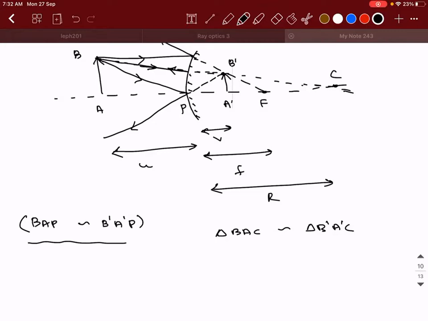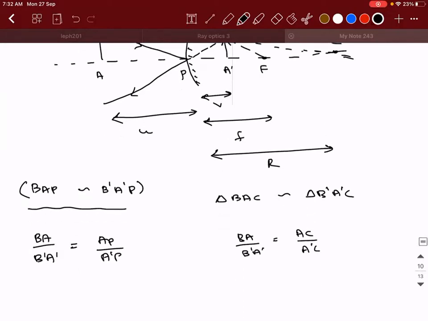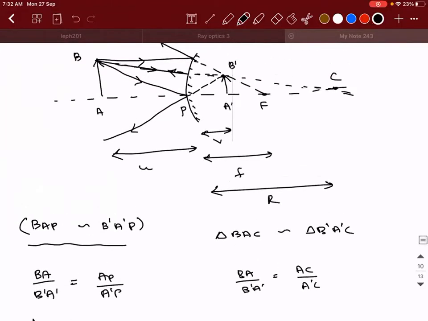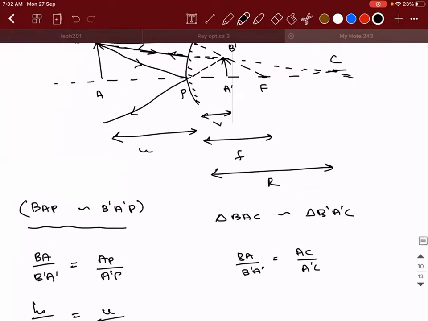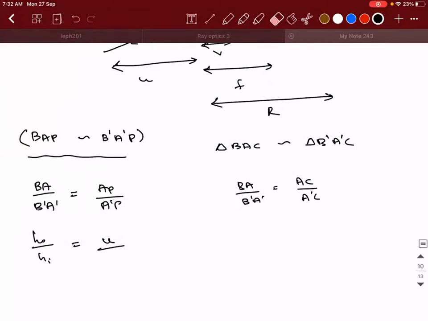Right. So what will you get? BA divided by B dash A dash is equal to AP divided by A dash P. Similarly, BA divided by B dash A dash is equal to AC divided by A dash C. So what is BA? H naught. B dash A dash is HI, which is equal to what is AP? U. Let's not take the sign convention and see what we are going to get. U divided by A dash P is V. I'm not taking the sign convention.